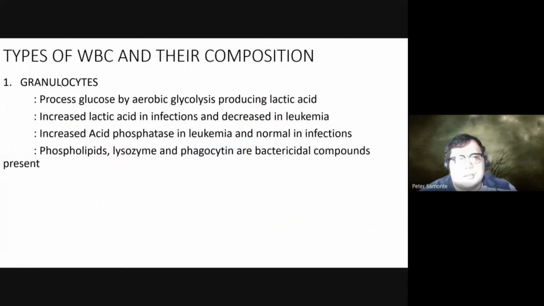All right. Types of WBCs and their compositions. We have your granulocytes. Now, your granulocytes would process glucose by aerobic glycolysis, producing lactic acid. Increased lactic acid in infections and decreased in leukemia.